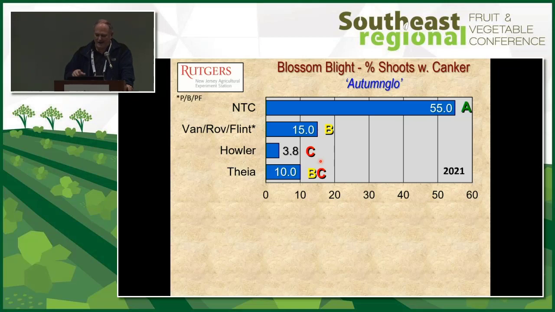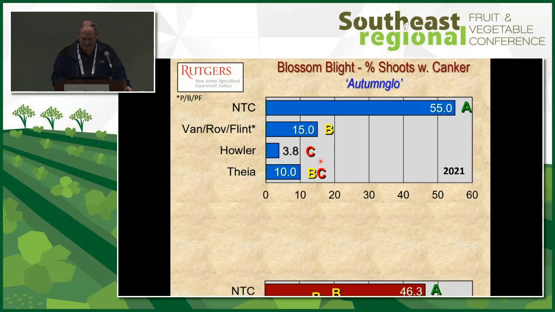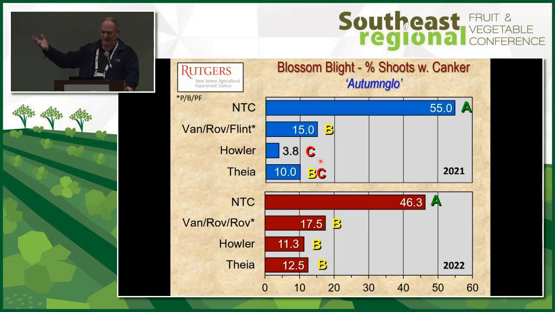Okay. All right. Now what happened as far as the freeze and the Autumn Glow? Well, Autumn Glow, as the name implies, is a later variety, and so we only had about a fourth to maybe a third of the shoot got damaged from the frost. The rest of the flowers hadn't opened yet. Okay. So in this case, again, we see all of these not significantly different from the non-treated, so they are effective, and they were all equivalent in control in this case.